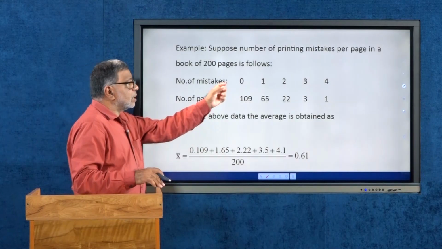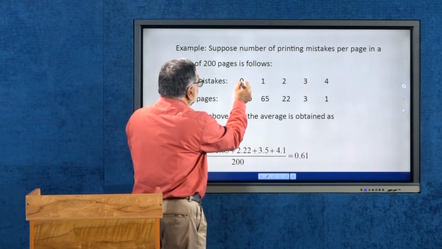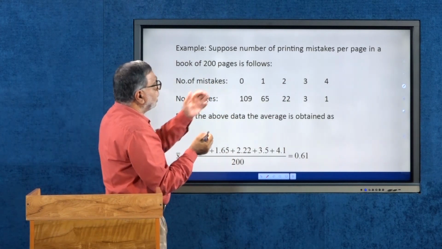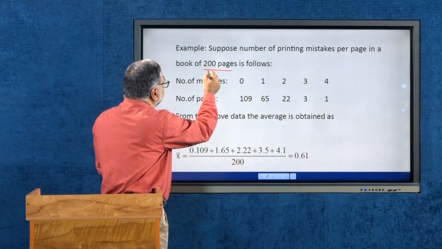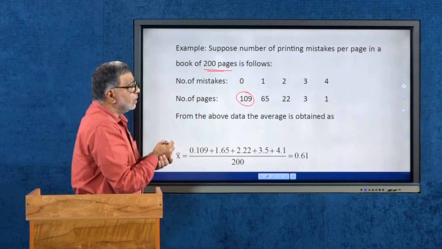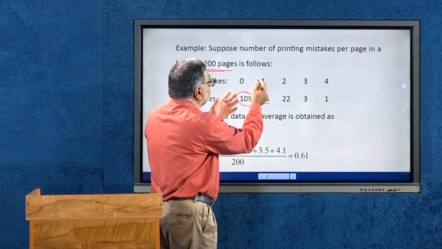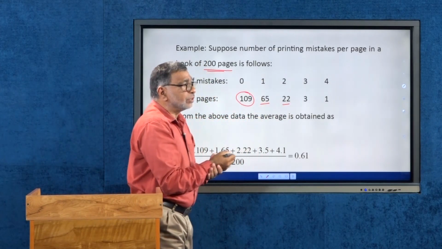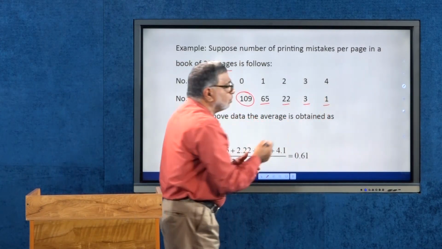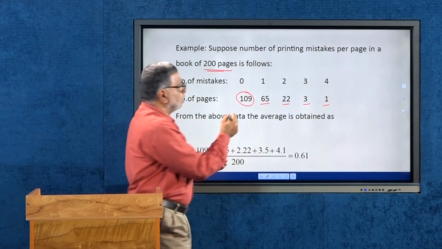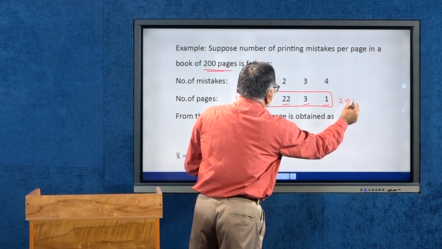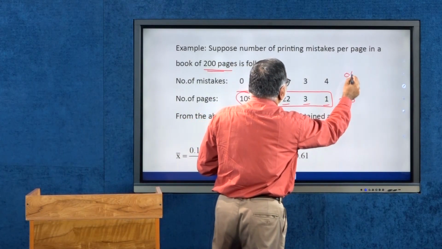So, these are the numbers of mistakes 0, 1, 2, 3, 4. How many pages in the 200 pages of the book have 0 mistakes? There will be 109 pages, and there will be 65 pages with 1 mistake, 22 pages with 2 mistakes, 3 pages with 3 mistakes, and 1 page with 4 mistakes. So, this total is 200. This is our observed frequency.